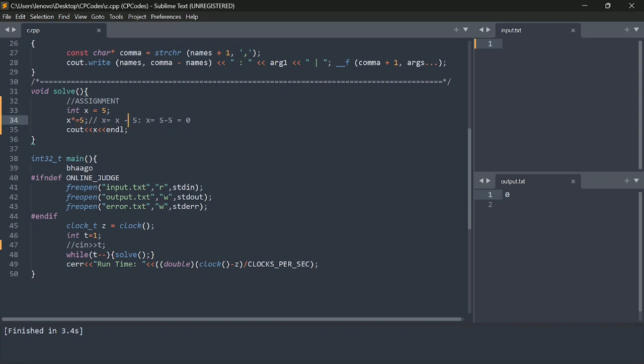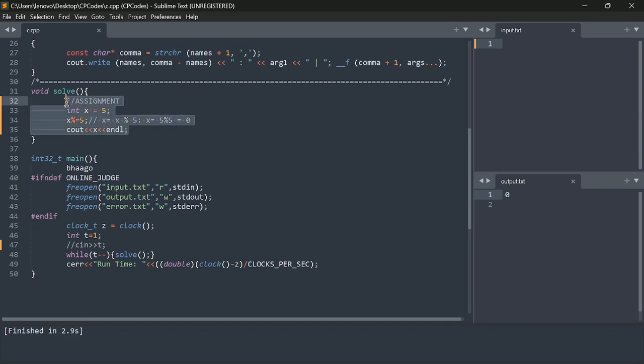It will simply result in 25, because x is equal to x multiplied by 5, so 5 multiplied by 5 is 25. What if I do the division? 5 divided by 5 is simply 1. And the last one is 5 modulo 5. 5 completely divides 5, so there will not be any remainder left, and eventually we will get 0.